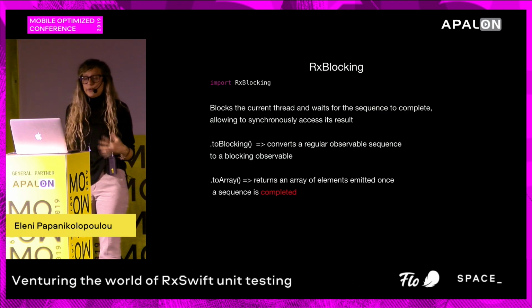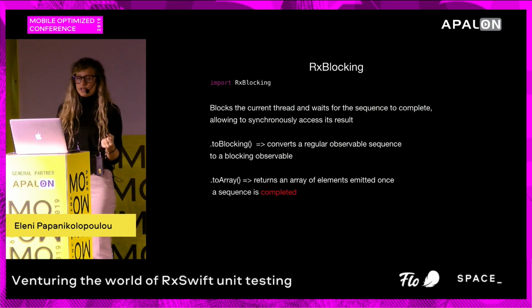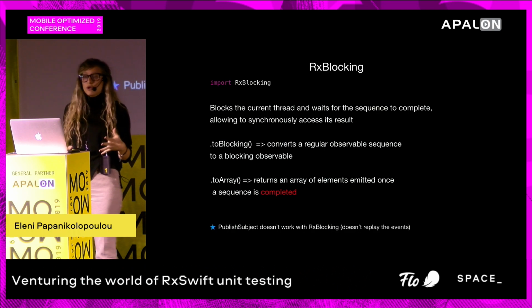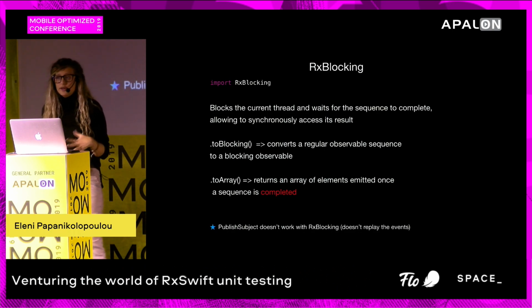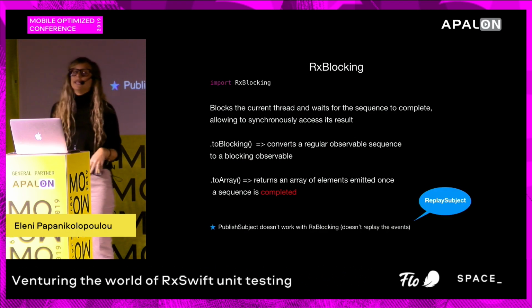And by using the toArray operator, we get an array of the events emitted from the observable once the observable sequence is completed, because if the observable sequence is not completed, we'll never manage to get the events emitted. RxBlocking doesn't work with a publish subject, and there is a relevant GitHub issue about it. For this reason, we're going to use a replay subject.